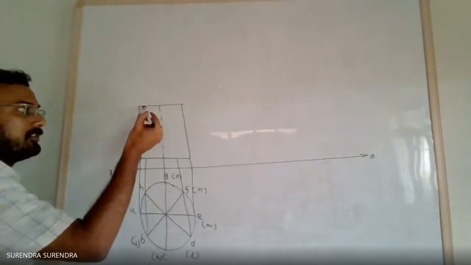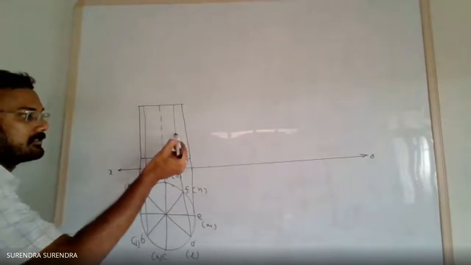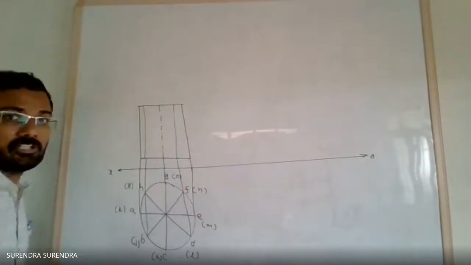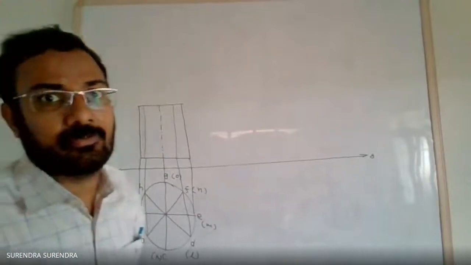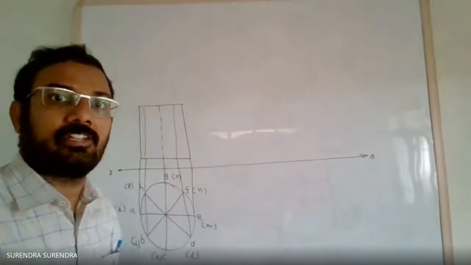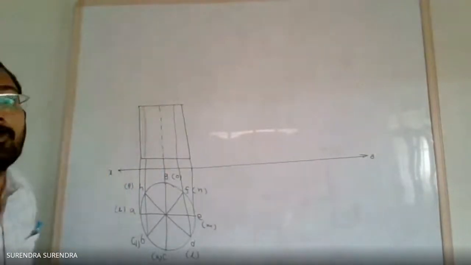If you want, you can also draw this with a very light 2H pencil. Remember, these projections must be with a 2H pencil, and even if you don't draw them, it is correct. I'm drawing them only for marking those points.